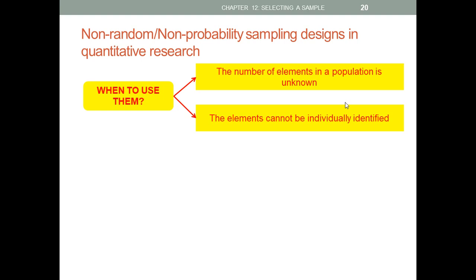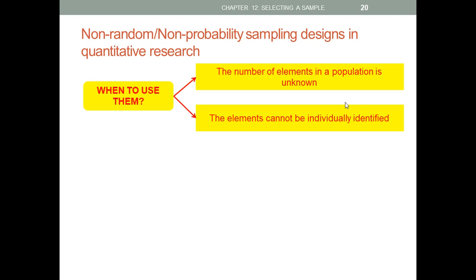The first reason is that the researcher does not know exactly the number of elements in a study population. Let me give you 3 examples where we don't know the exact number of sampling elements or sampling units. No one knows the exact number of street children in our town. We just don't know, and we will perhaps never know the exact number of street children in the city.